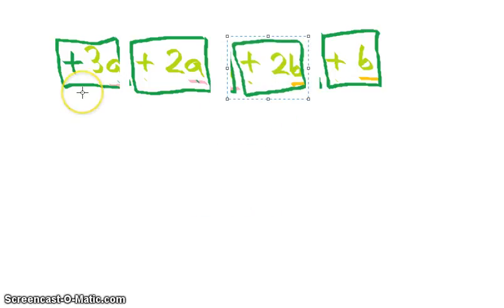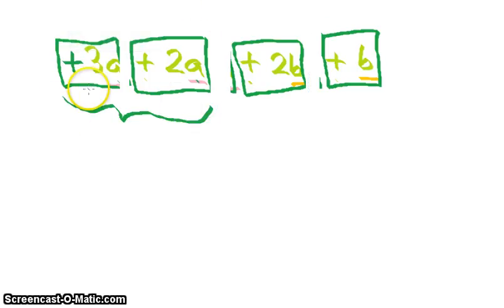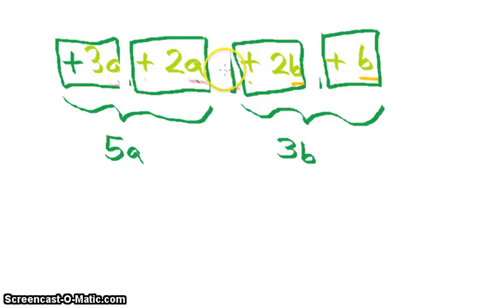You see, 3a plus 2a. I can actually settle stuff here. 3a and 2a, positive and positive, they add to each other and become 5a. Positive 2b and b, 2 bananas plus 1 banana is 3 bananas. There's a positive sign here, so it's positive.